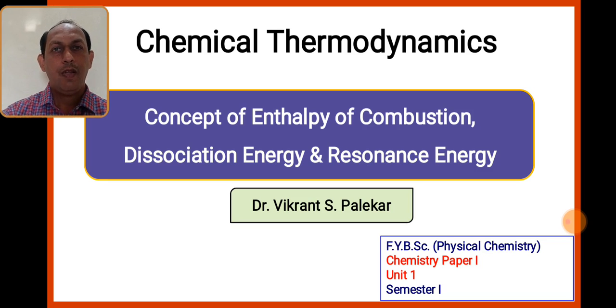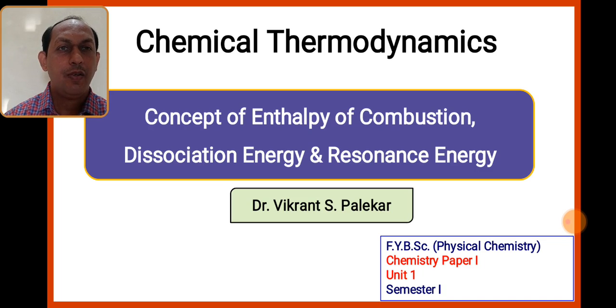We have seen how to calculate the enthalpy of a reaction or heat of a reaction. That is nothing but delta H, the difference between the enthalpies of products, HP, minus the enthalpies of reactants. Based upon that, we can calculate the delta H, that is, the heat of reaction.